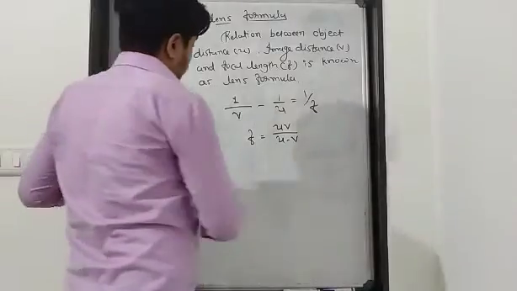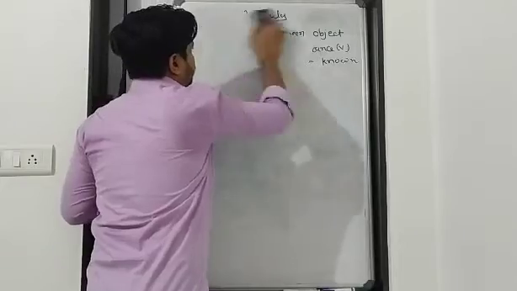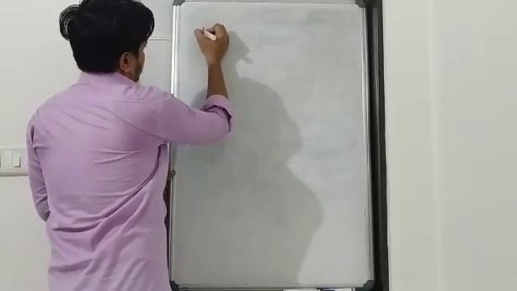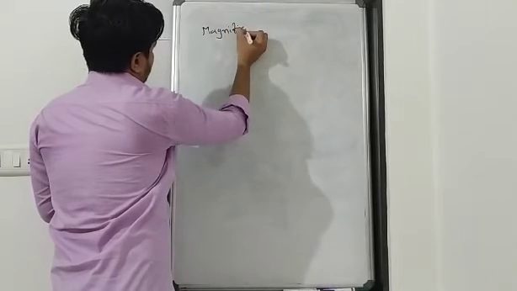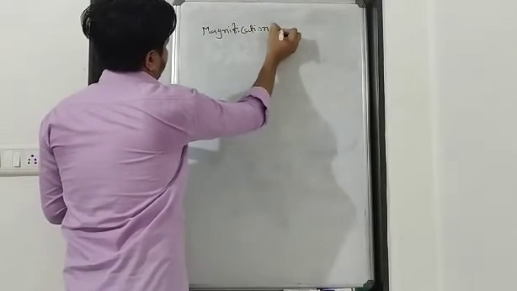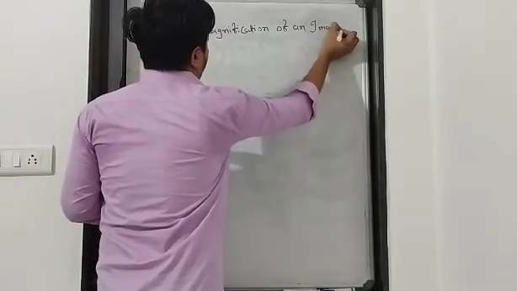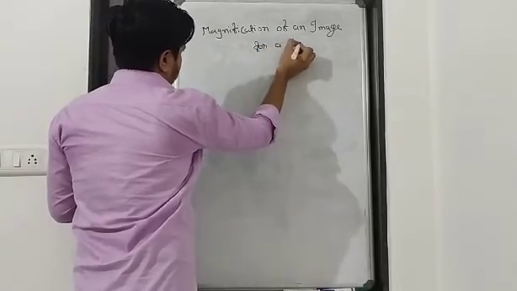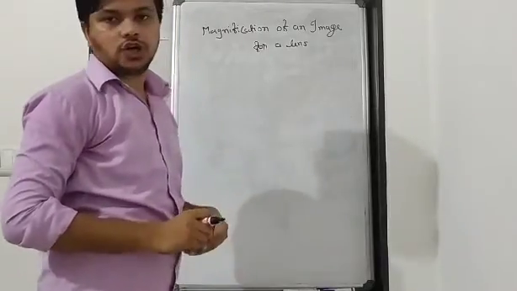Now our next topic is magnification of an image for a lens. Magnification is related to the image, not to the lens or a mirror.